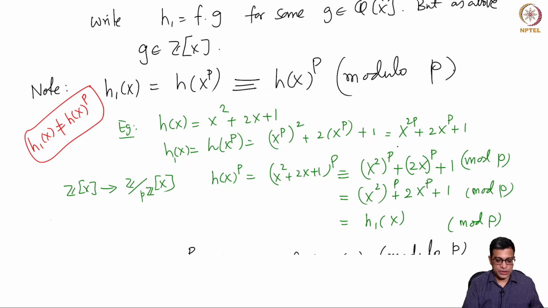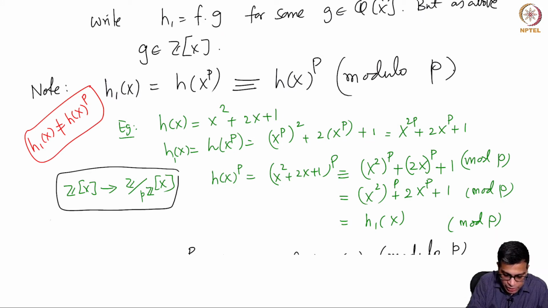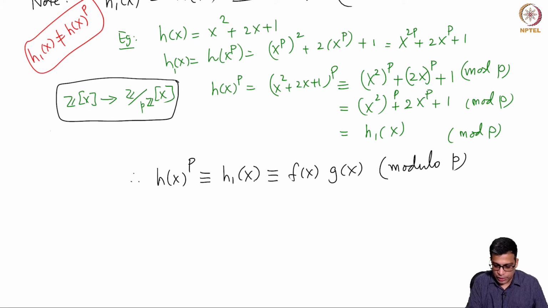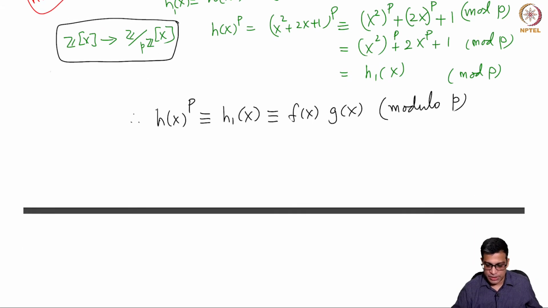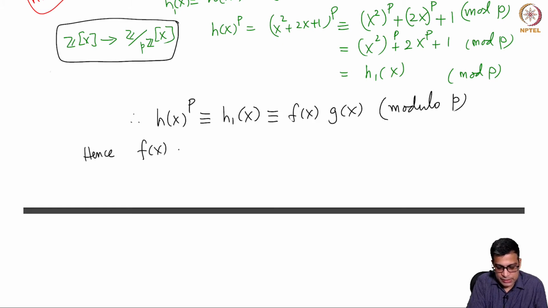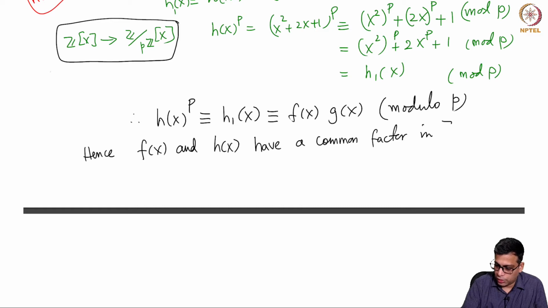Okay, so strictly speaking, we are taking the images of these things. All these equations, all these polynomials are living in Z[x]. We can take their images in Z mod pZ[x], and then this is what happens. This is to say that hence f(x) and h(x) have a common factor in Z mod pZ[x], right?